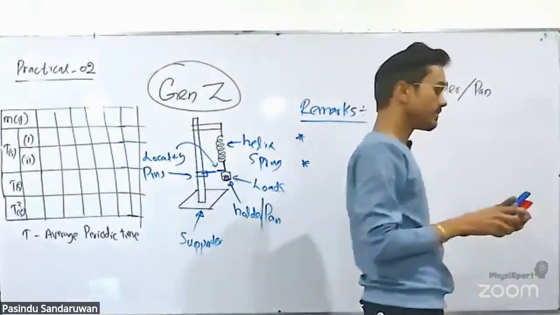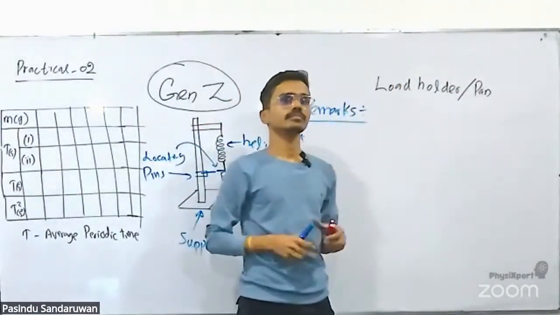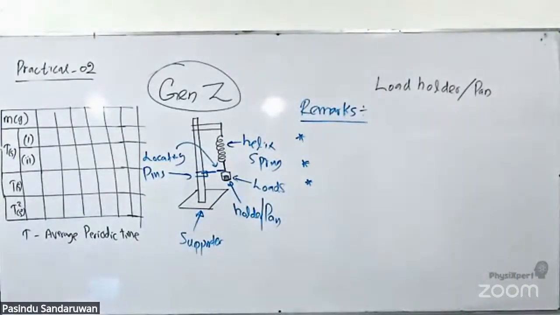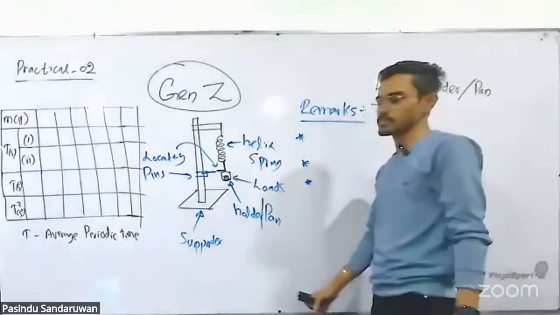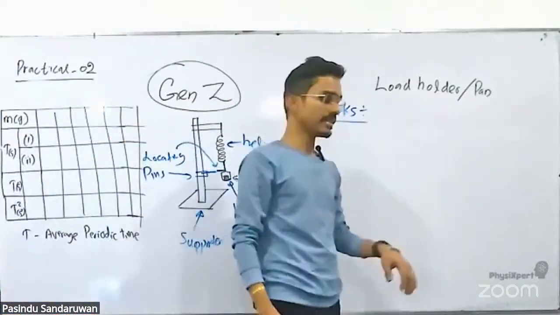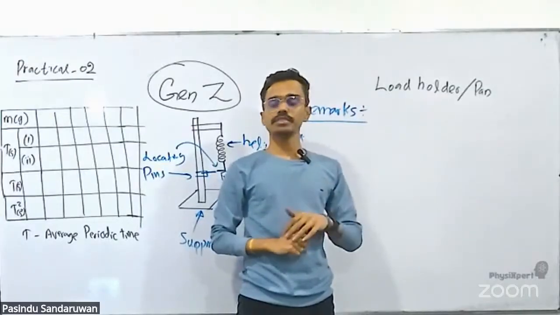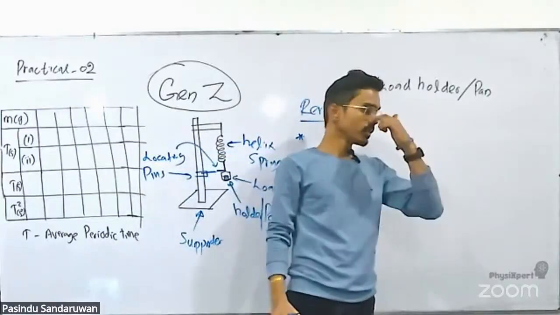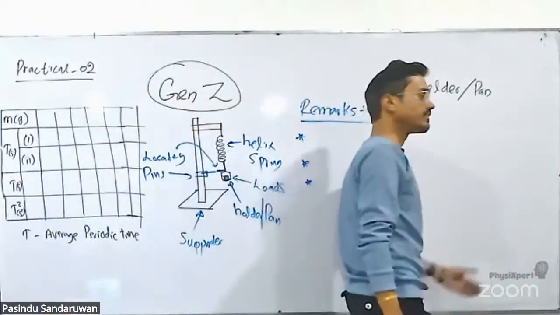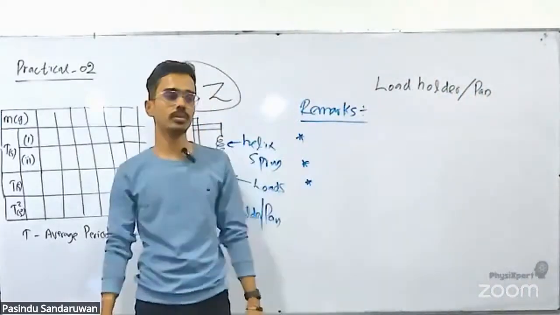Next point. Even if the experiment is conducted successfully, you won't get a straight line which goes through the origin.